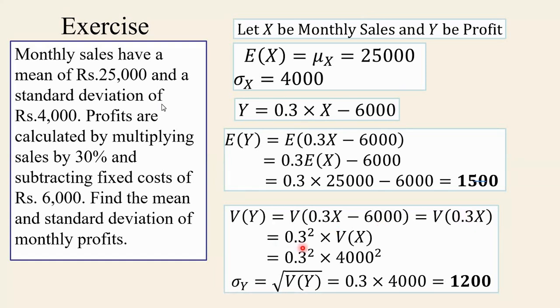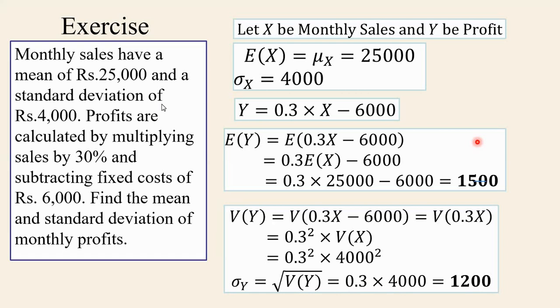So 0.3 squared into variance of X. Then for variance of X, we have the standard deviation 4,000, so that is 4,000 squared. Then to calculate the standard deviation, we have to take the square root. Since it is a multiplication, we can take the square root of each term. So that is 0.3 into 4,000, that is 1,200.